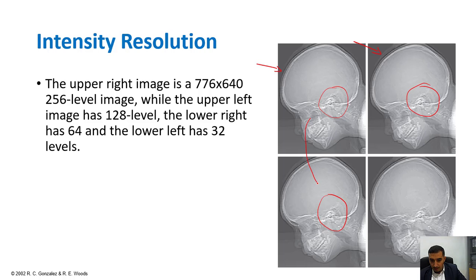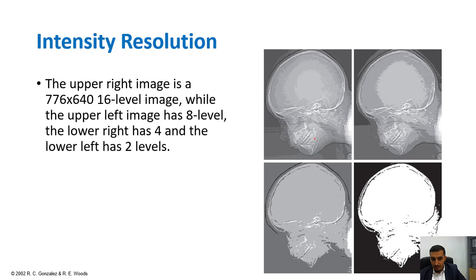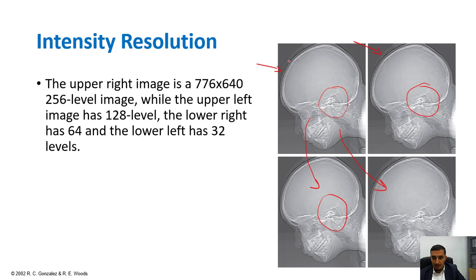See, we are losing some information. Here is 32. This is 16 levels, this is 8 levels, this is 4 levels, and this is 2 levels. 2 levels means black and white. 4 levels means 4 colors only. 8 levels means 8 colors. This is 16 colors. This is 256 colors.